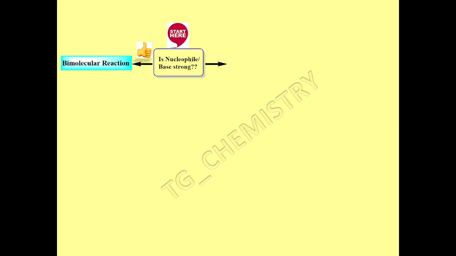So it can be either SN2 or E2, depending on the reaction conditions. The other way, if the nucleophile or base is not strong, then we have to look at the nature of the substrate. I will come to that part later on. So first we move on to the bimolecular reaction.